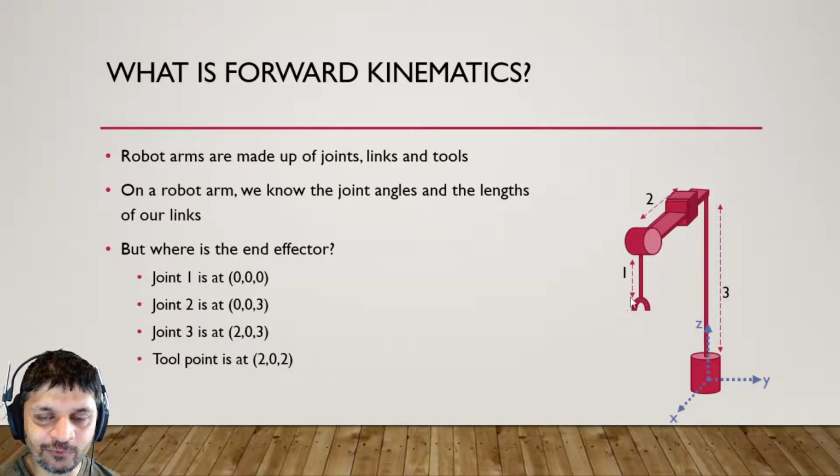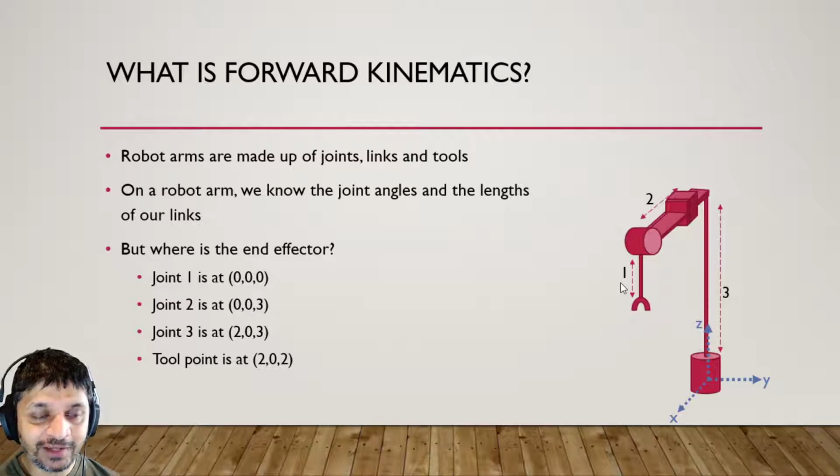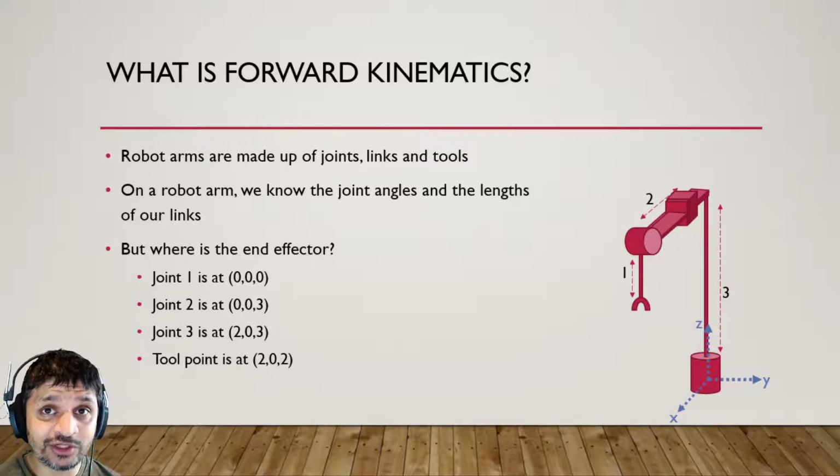That's what we'd like to know, right? Commonly, when we're controlling a robot arm, what we want to do is get this tool point to pick up some object or manipulate some object, and to do that it needs to know how to get to that object or to that point, right? And if we have no way of telling where this tool point is, then we're not going to be able to control it.